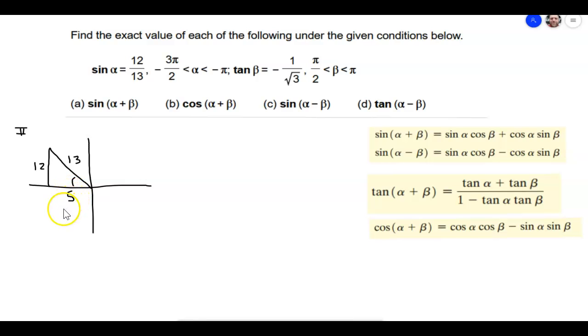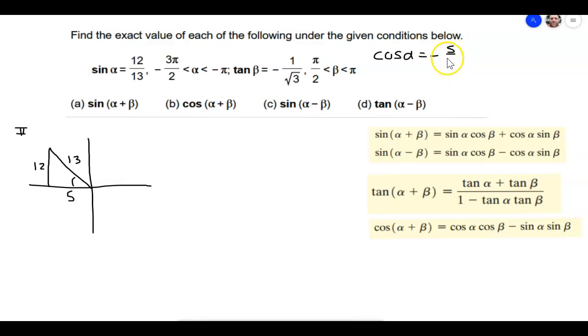So there's my triangle. For my formulas over here, not only do I need to know the sine of A, I'm also going to need the cosine of A. The cosine of A is the adjacent over the hypotenuse, and it's also going to be negative because I'm in the second quadrant. So I'll write up here, using their terminology, that the cosine of alpha is equal to negative 5 over 13.